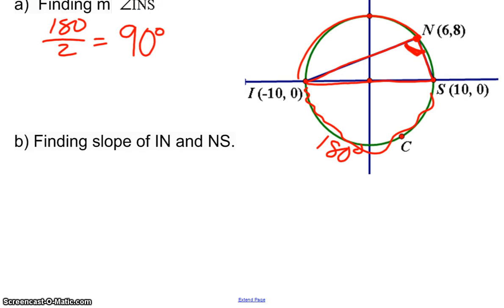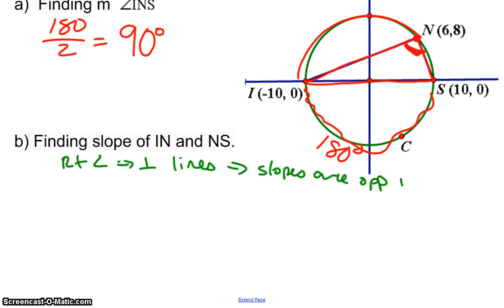We could also show it by finding the slopes of those two lines using our slope formula and verifying that, in order for it to be a right angle, we need perpendicular lines, which means we need slopes that are opposite reciprocals.